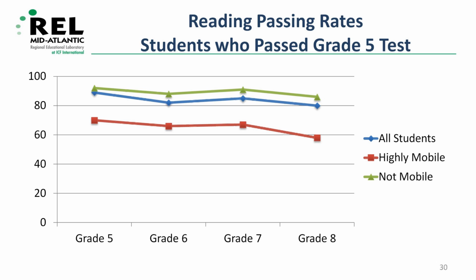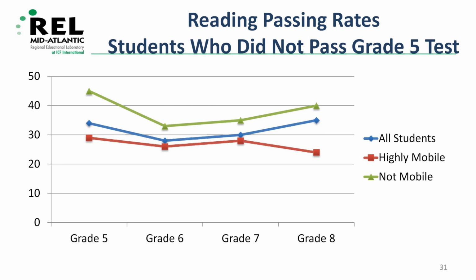At a nonprofit I was at, we used to publish what we called school information charts by grade and subject, and we looked at 8th grade passing rates by students who passed the 5th grade, and then also 8th grade passing rates by students who failed the 5th grade test.